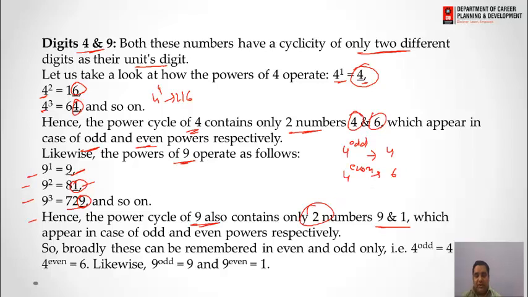For 9, the rule is 9 power odd gives 9 as a unit digit, where 9 power even gives 1. So it is all about these two numbers.